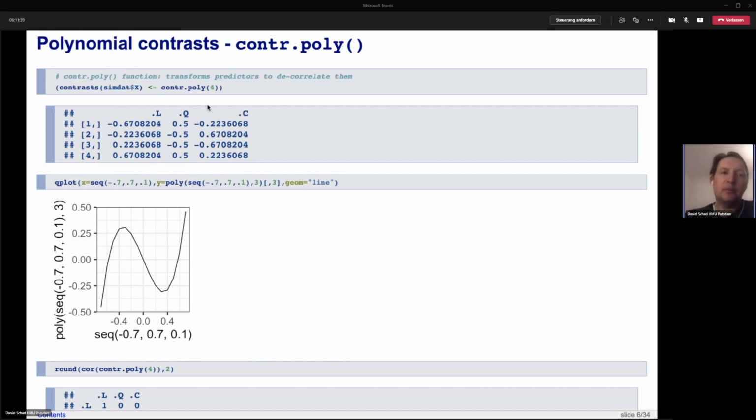One thing that we can do about it is we can use a predefined function called contrast poly with 4 factor levels, and this has the following contrast coefficients. So we see this is some linear increase here, but we see that the differences are not 1, so the regression coefficients will be hard to interpret.